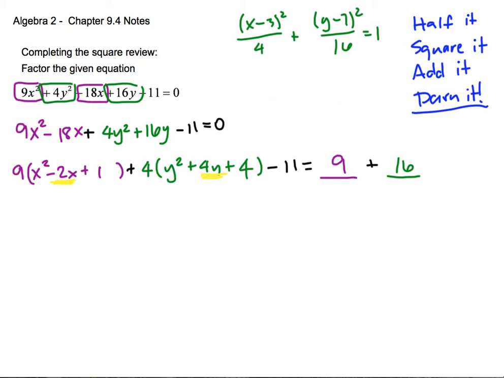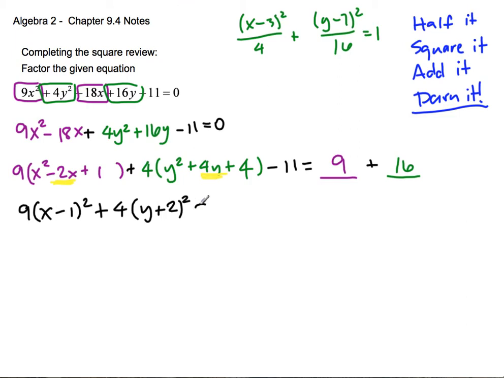And what you're going to end up with then is 9 times, and this purple guy factors to (x minus 1) squared plus 4 times (y plus 2) squared. And when you get to the half it part, that's what you will always factor down to. I'll go ahead and add the 11 to the other side here.